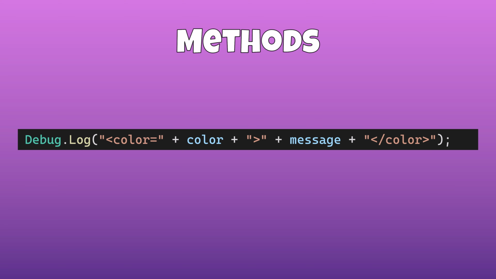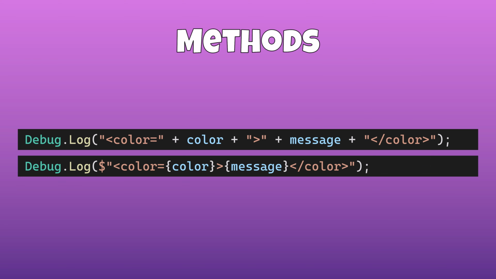To add color to our message, we added a rich text color tag with a concatenation of strings. This makes the line not very easy to read. Instead of concatenation, we can use a string interpolation. In other words, inserting the value of an expression directly into the string.